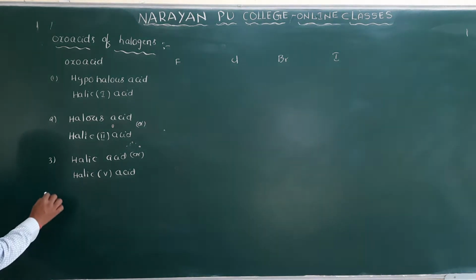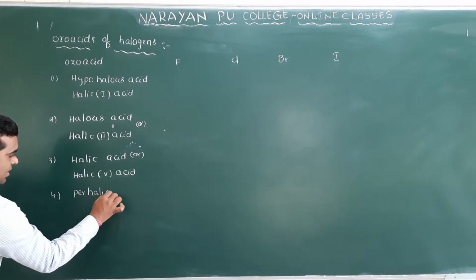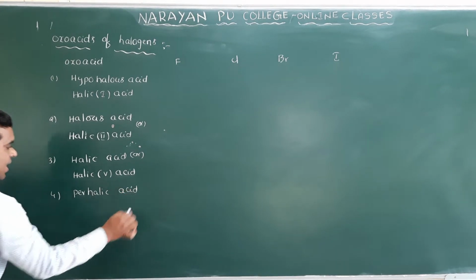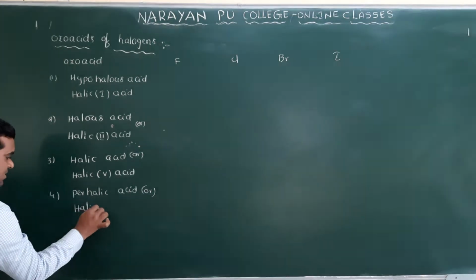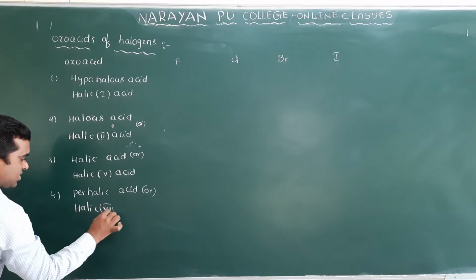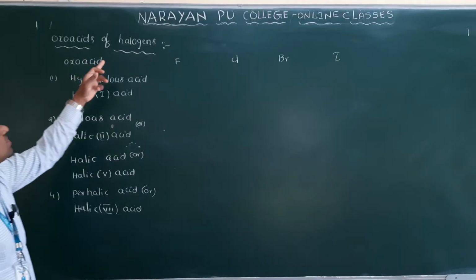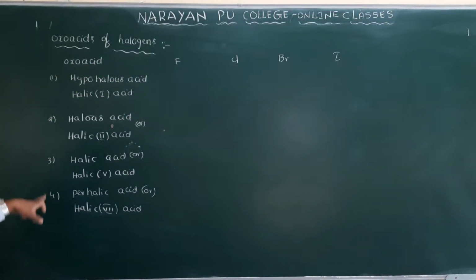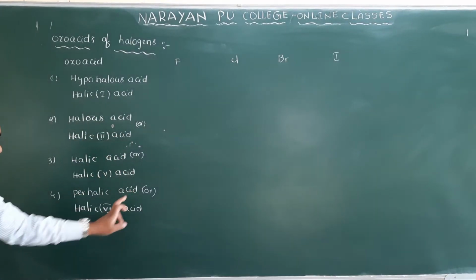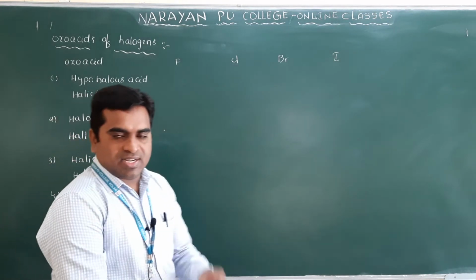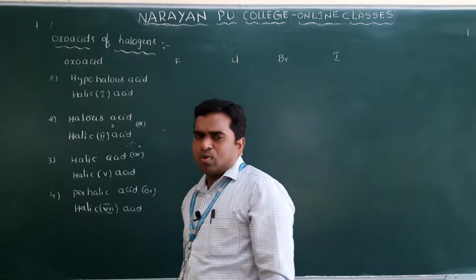And the last one is perhalic acid, or we can write halic 7 acid, meaning the oxidation state is +7. So how many types of oxyacids can halogens form? Mainly four types: hypohalous acid, halous acid, halic acid, and perhalic acid. If it is iodine, periodic acid; if chlorine, perchloric acid, like that.